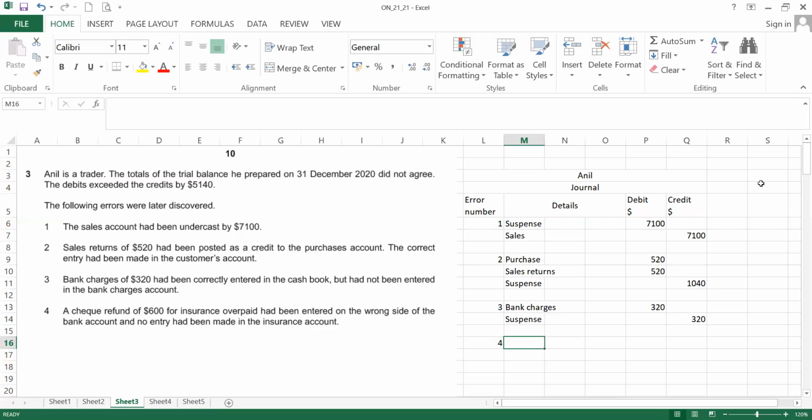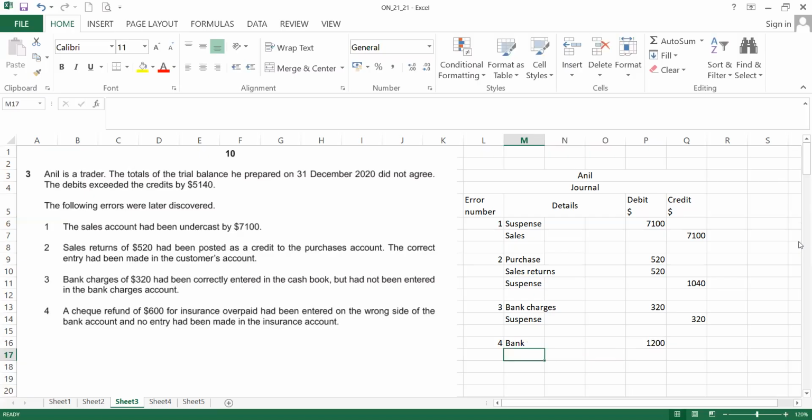By right it should be debit bank and credit insurance, because for a cheque refund the bank receives money, but the bank entry was made on the wrong side. So in this case, my bank amount has to double up. One is to reverse the error. Second is to put back the correct one. So this one has to be times 2, the amount doubles.